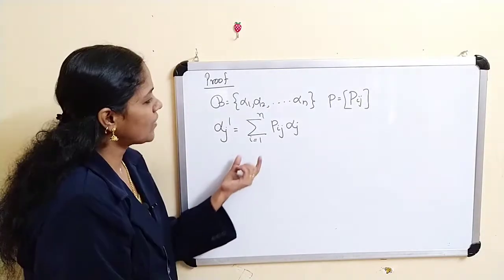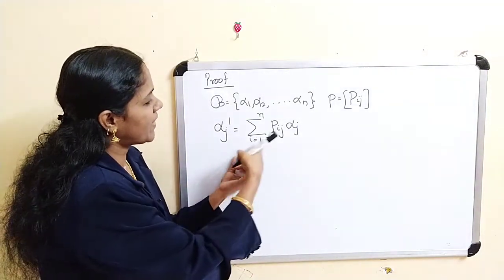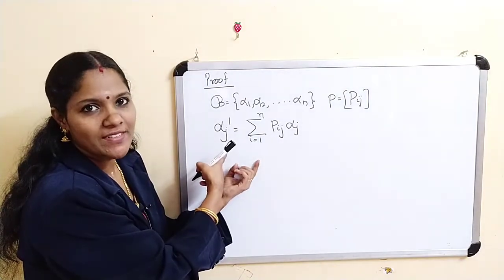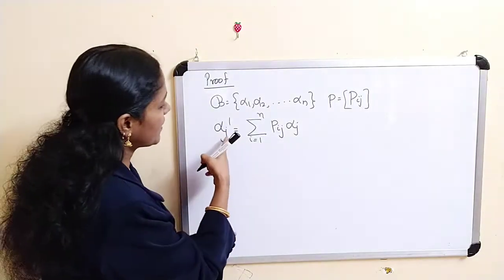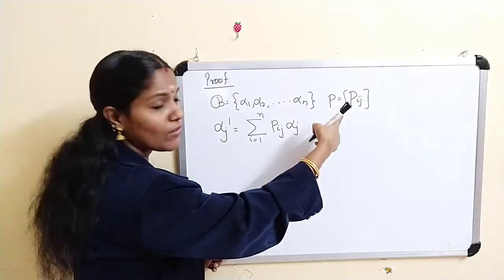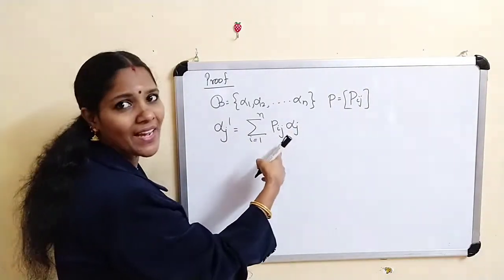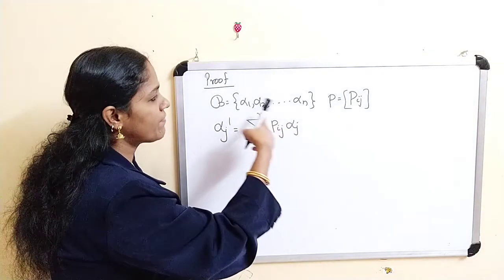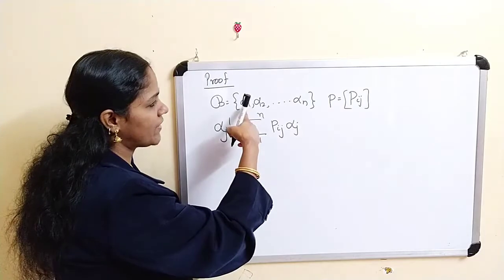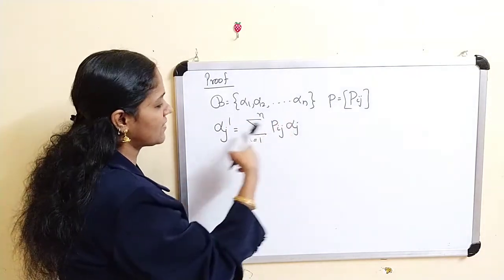Now we have to prove that if we define elements like this, then these form a basis. Given P is already given, so we can take P i j's from P and find linear combinations of alpha i's as alpha j dash.